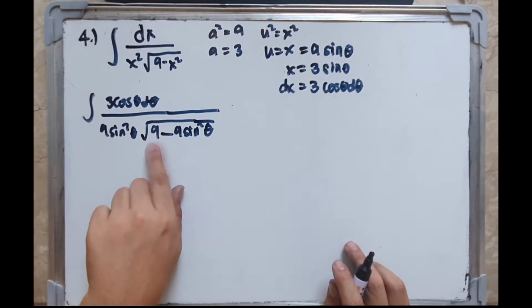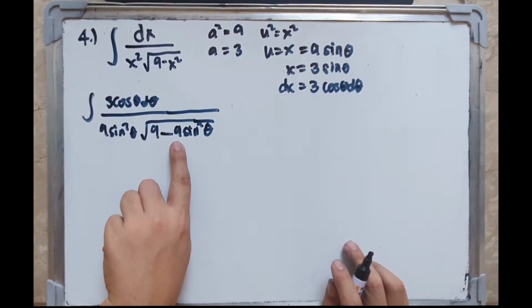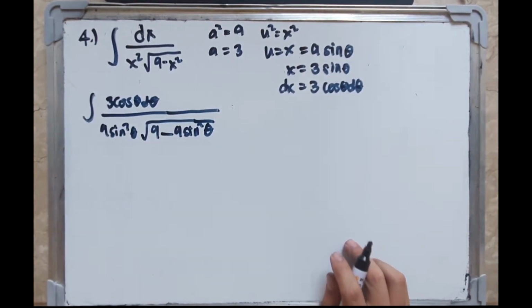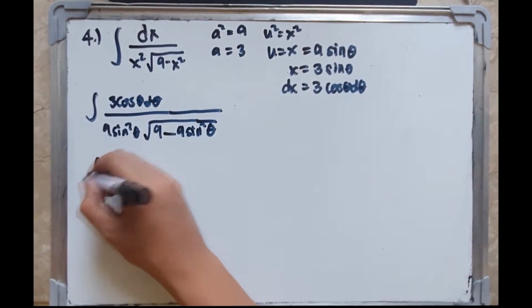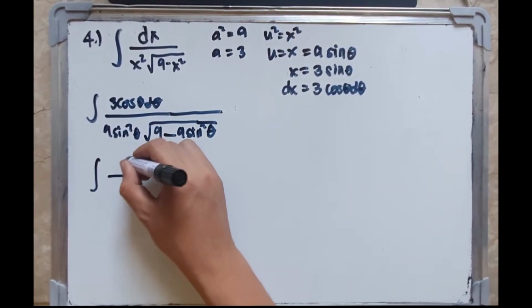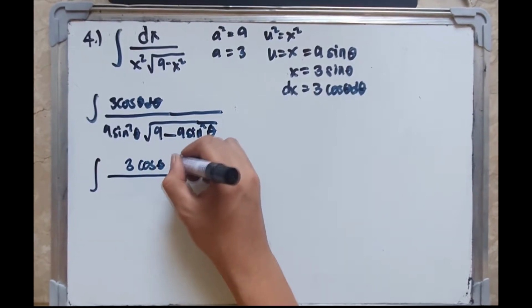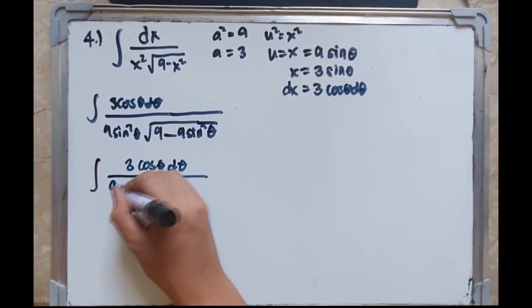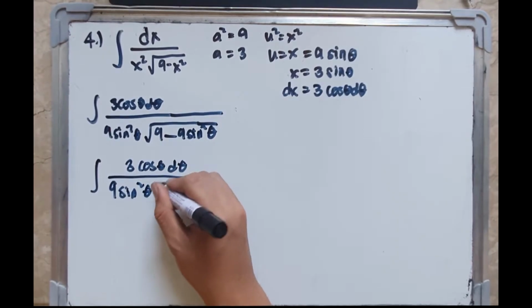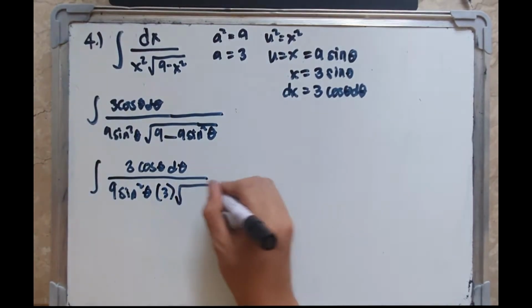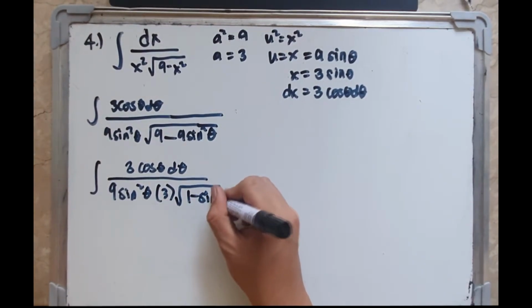The common value between the two terms is 9. Factoring that out, the square root of 9 is 3. So we have 3 cosine theta d theta, 9 sine squared theta, and we have our 3 right here, and 1 minus sine squared theta.